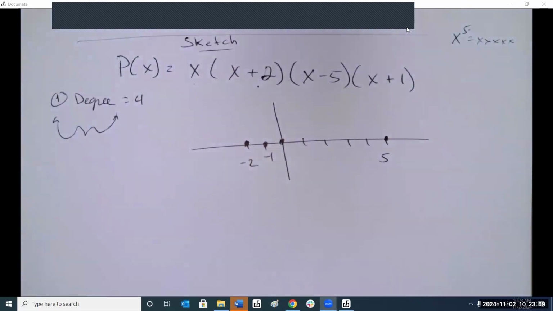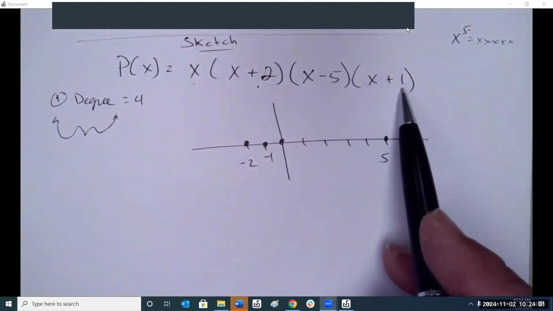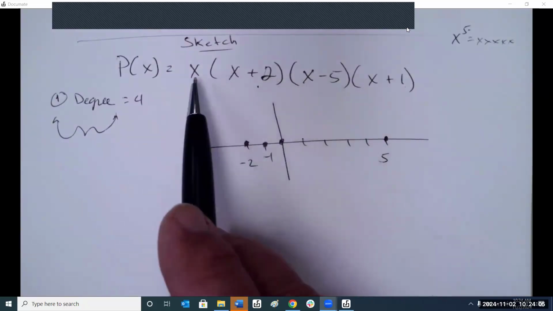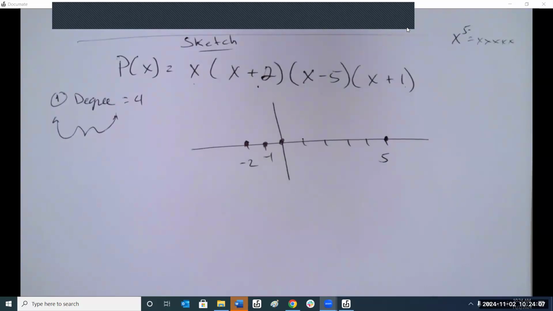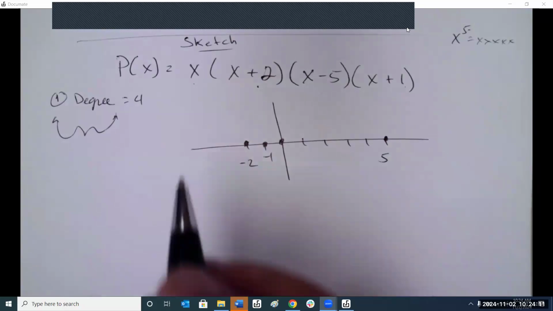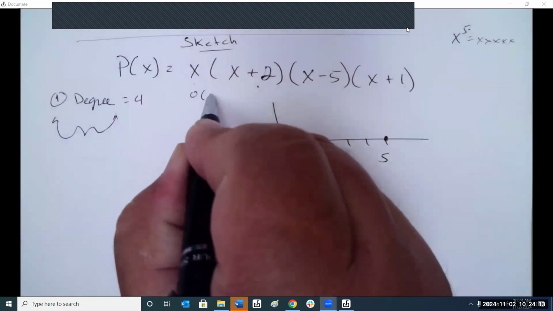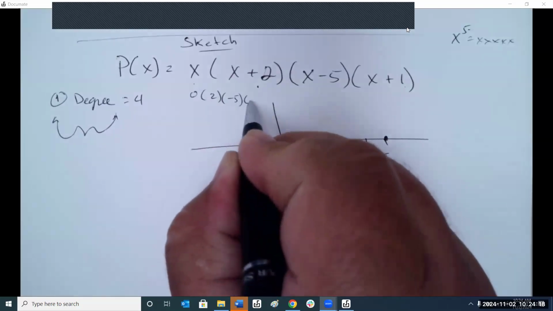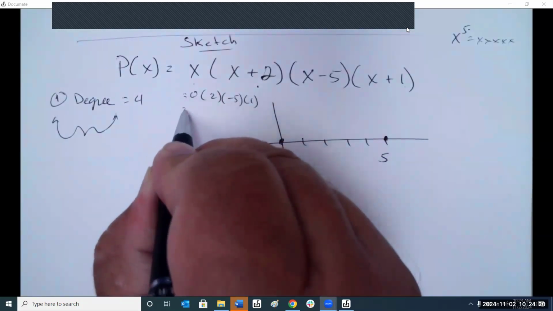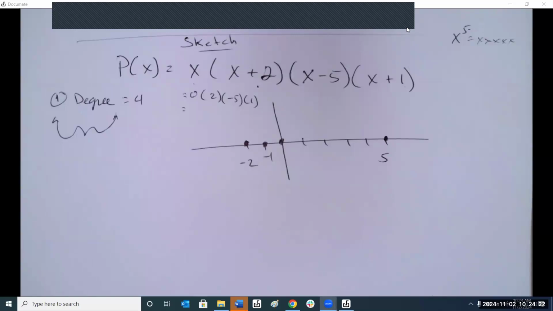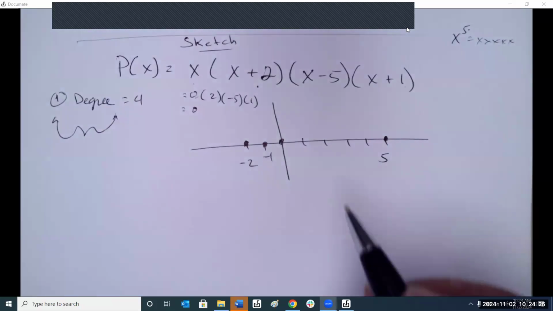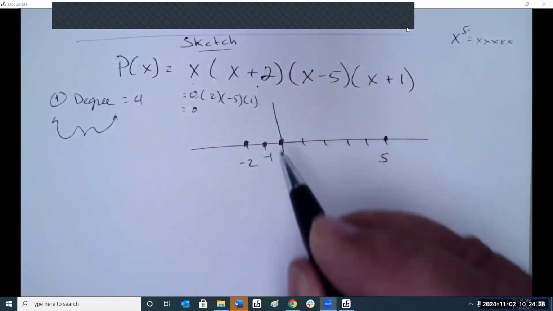If you set x equal to 0, that's a +1, -5, +2, and 0. So the y-intercept is 0 times 2 times -5 times 1. It's 0, because anything times 0 is 0.